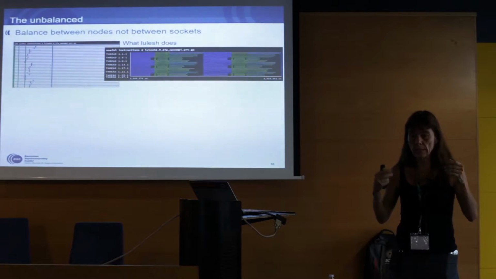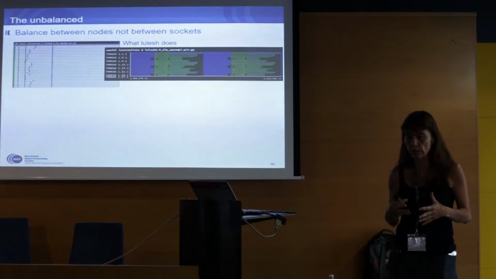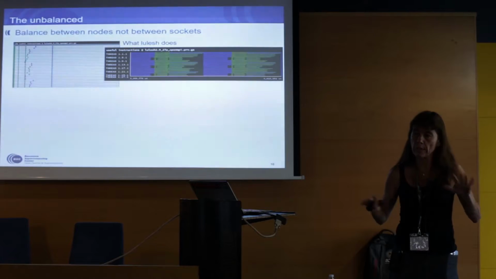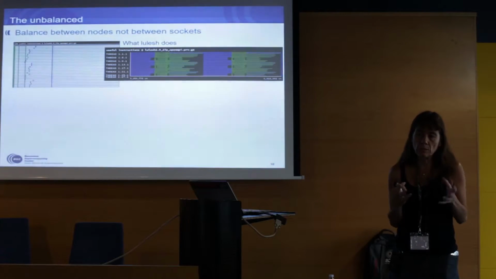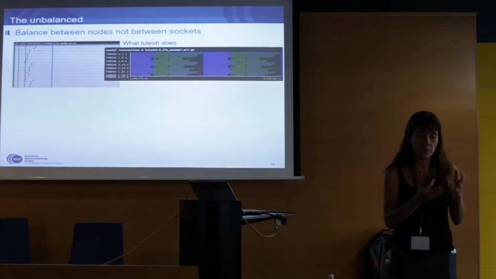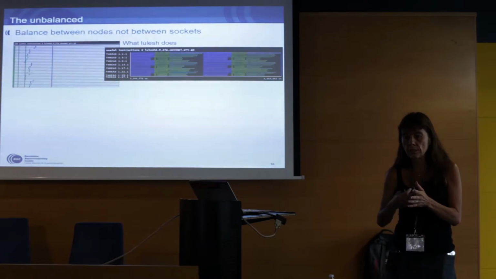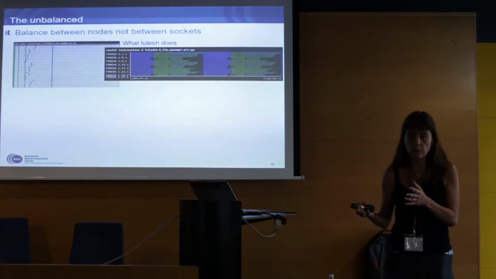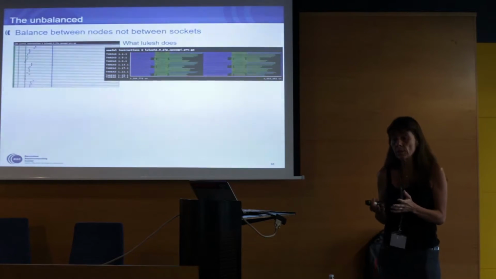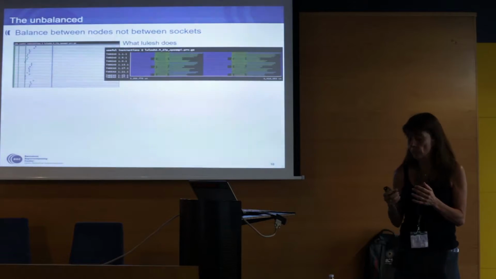The system makes sure that the work is balanced between the different nodes, but within a node there are no restrictions, and many systems first fill the first socket, and then the rest of the data is on the second socket. Depending on the size of the sockets, this creates a huge imbalance.